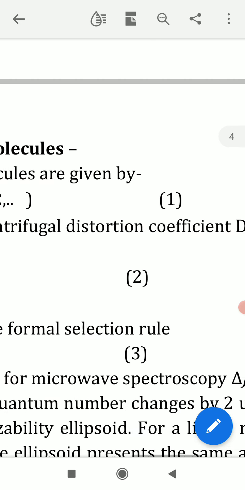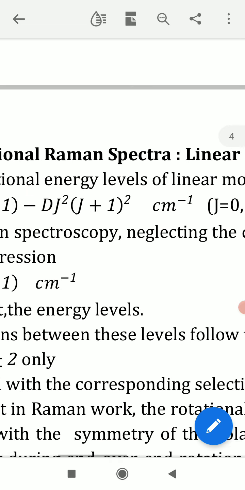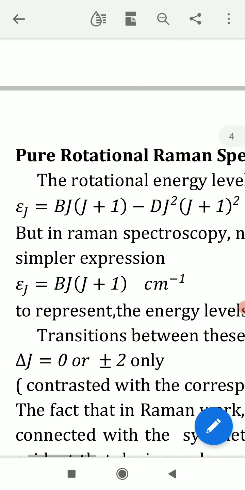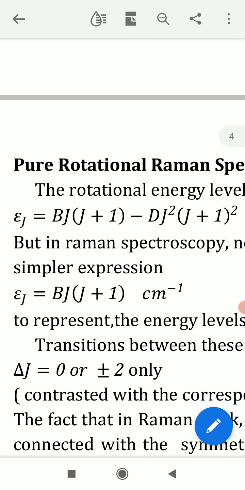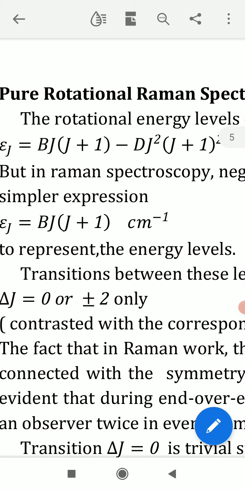In the second term, D is the centrifugal distortion coefficient, and in Raman spectroscopy we can neglect this. So we find a simple expression for rotational energy, Ej equal to Bj(j plus 1).